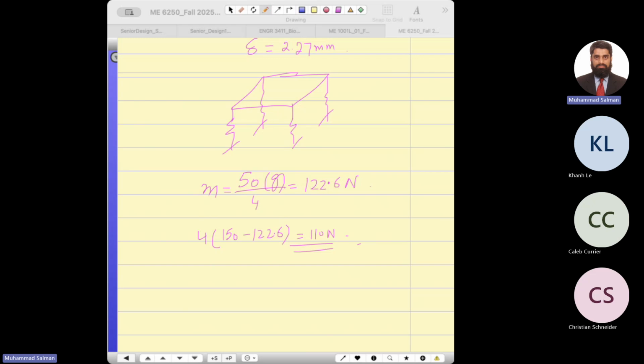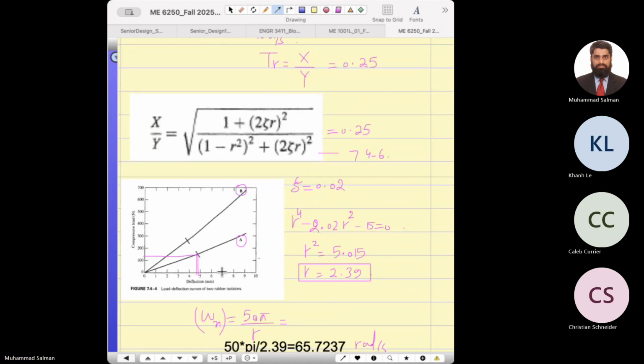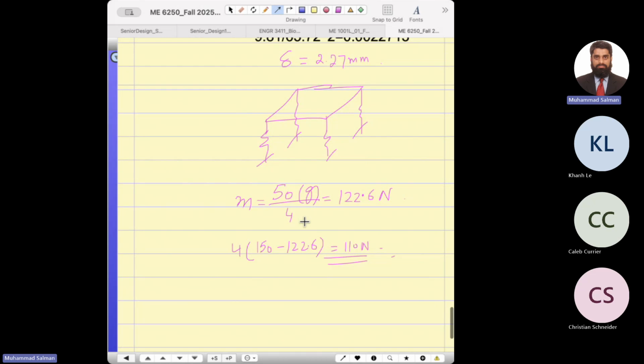So the safe static load for the isolator is 150, correct? As per the graph, it should be 150. But our load at each location is 122.6, correct?